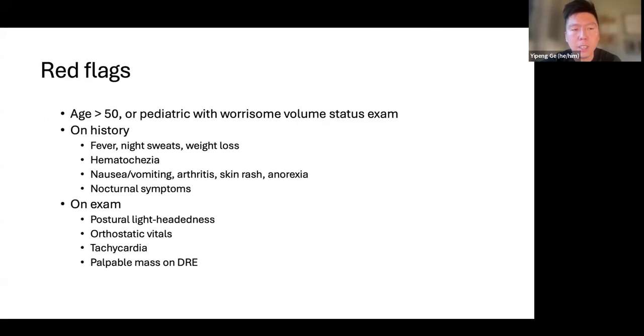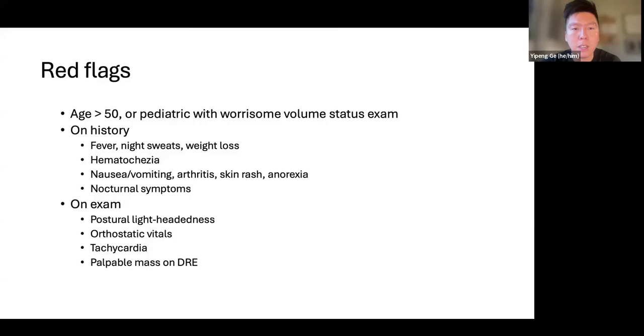So some of the red flags to think about are first presentation at age over 50, or a pediatric patient with a worrisome volume status exam, and that's more so around the risk of them decompensating and needing some more monitoring and support so that they can get over what they might be having, which is usually more likely an acute viral or bacterial picture.